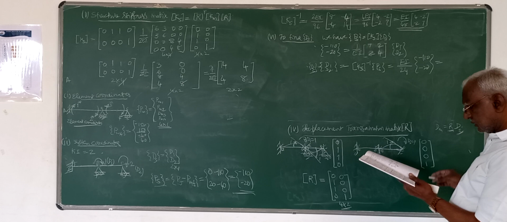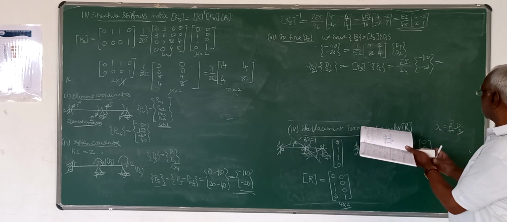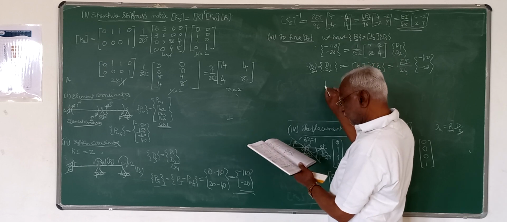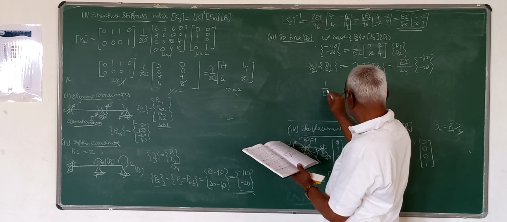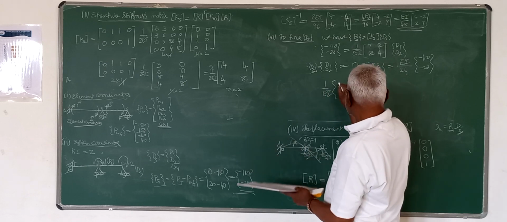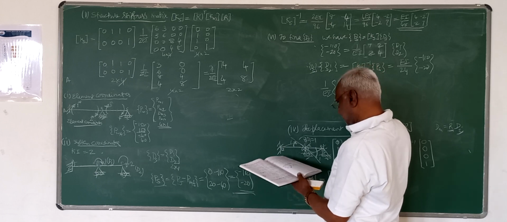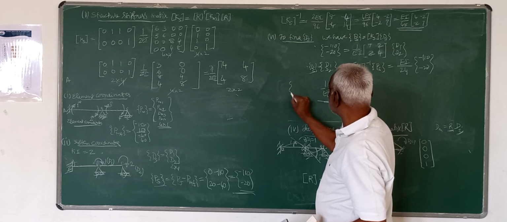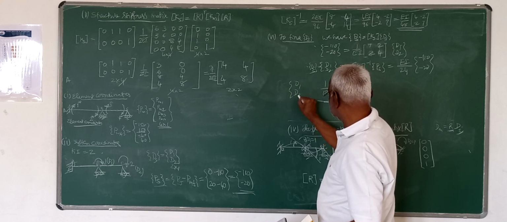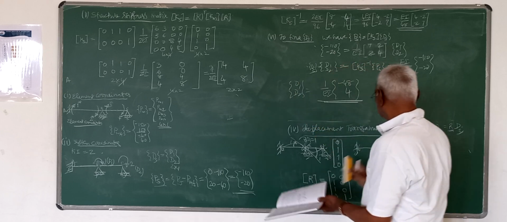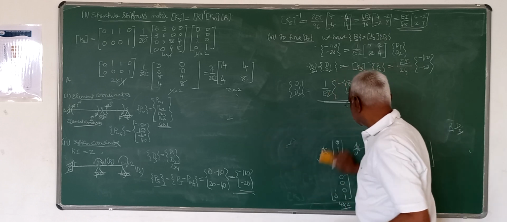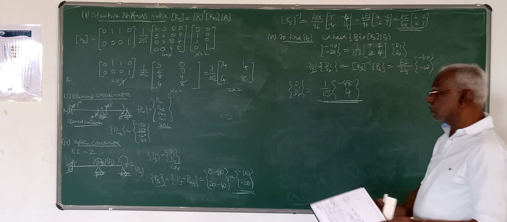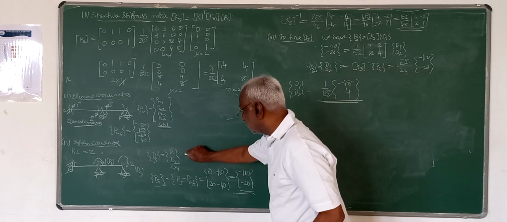I'll tell you the final formula. So Ds is given by 1 over EI, minus 48 and 4. This is the value you are going to get, D1 and D2. That is the displacements along coordinates 1 and 2.